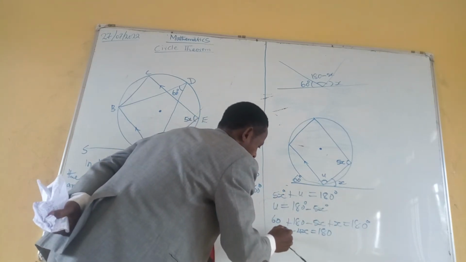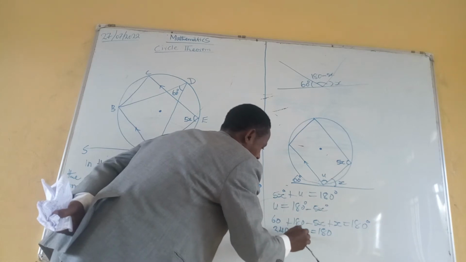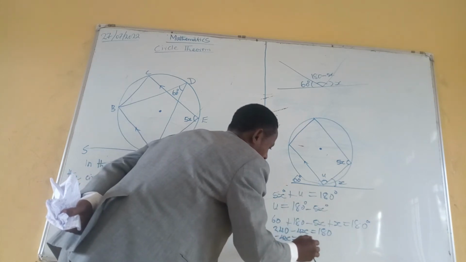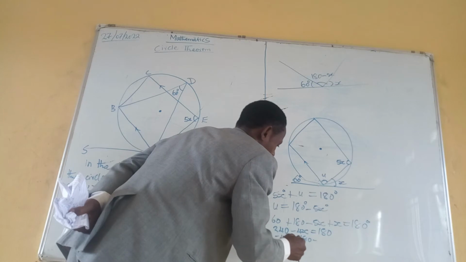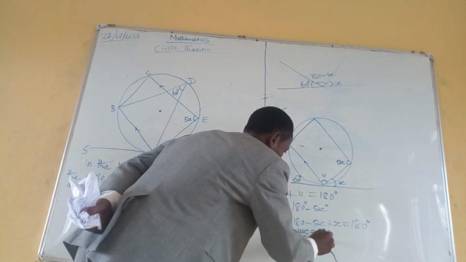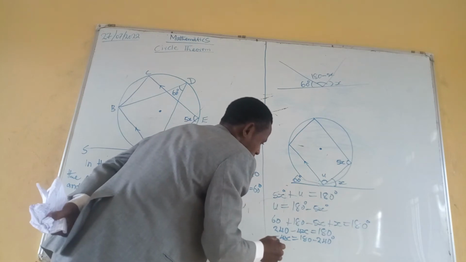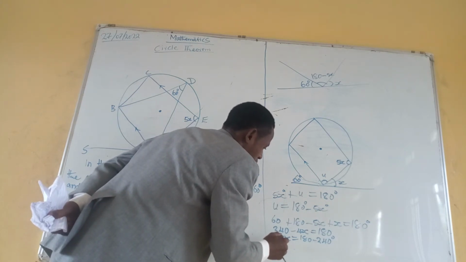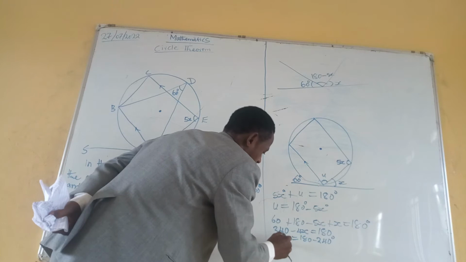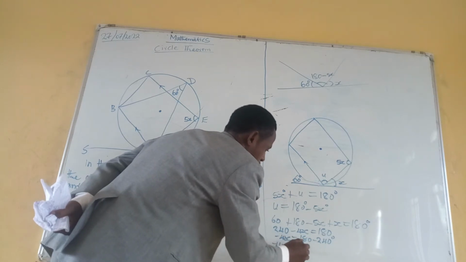So we can say minus 4x is equal to 180 minus 240 degrees.